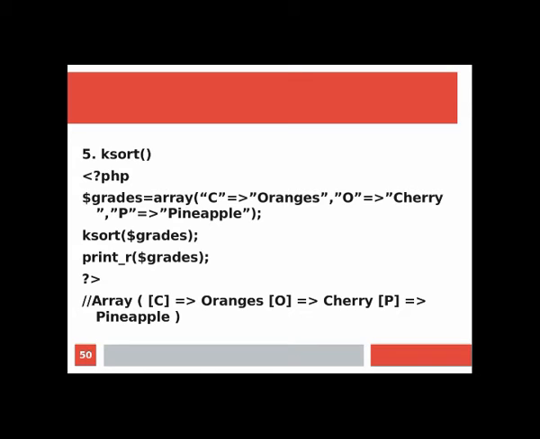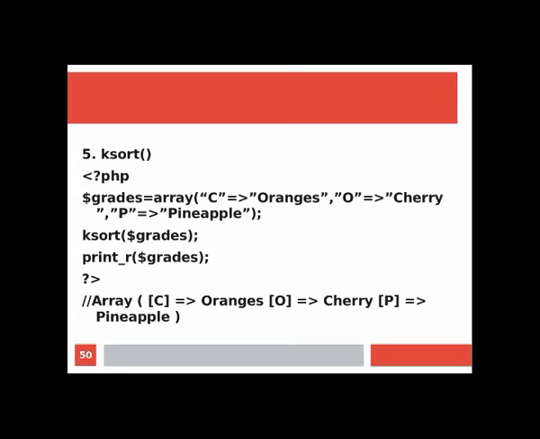In PHP, $grades equal to array in bracket within double quote C arrow within double quote oranges comma within double quote O arrow within double quote cherry comma within double quote P arrow again within double quote pineapple, bracket complete semicolon, and our function next, ksort in bracket $grades, here again the $grades is an array variable, semicolon, because we have to sort the array.